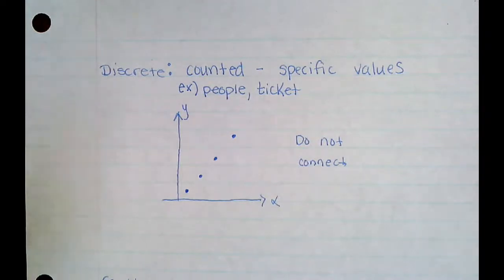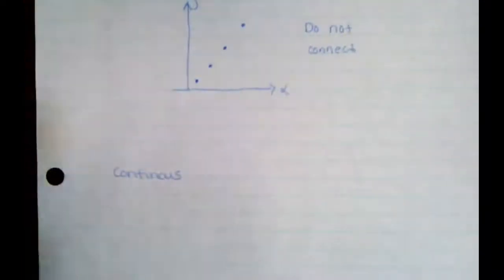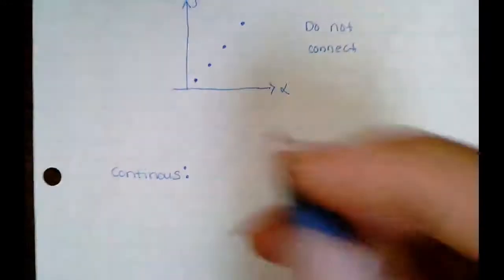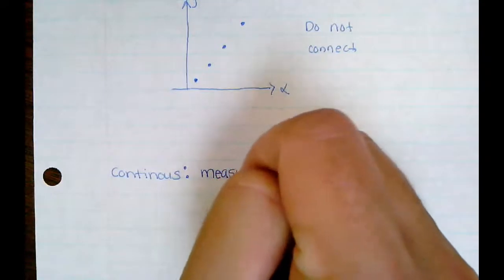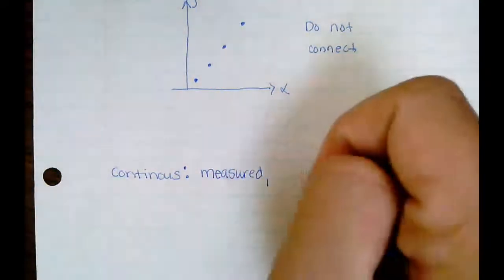Well, the other function is continuous. All right, and a continuous function, an easy way, anything that's measured is a continuous function. All right, and continuous functions can have any value.